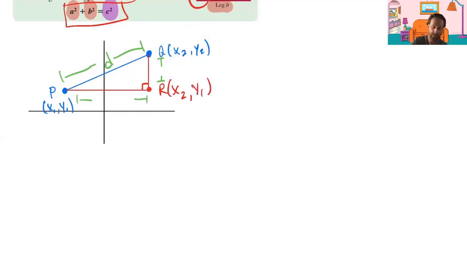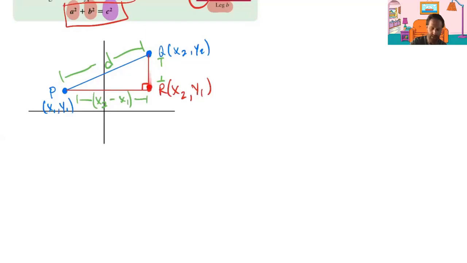And so if we wanted to find the distance between these things, then we know the difference between P and R would depend solely on X2 and X1, the change in our X's. So we're going to take the bigger one, which is X2, and find the difference between it and X1. And then we're going to do something very similar with the y values.